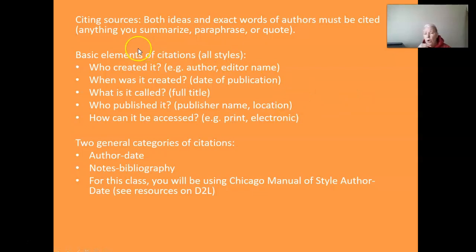Now, all citations, whether it's Chicago Manual of Style or something else, all have the same basic elements, right? Citing sources is about giving credit for ideas to the people who originally wrote them, right?